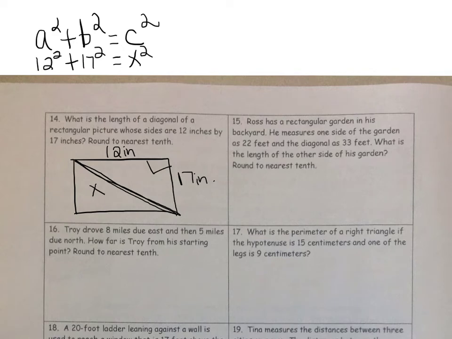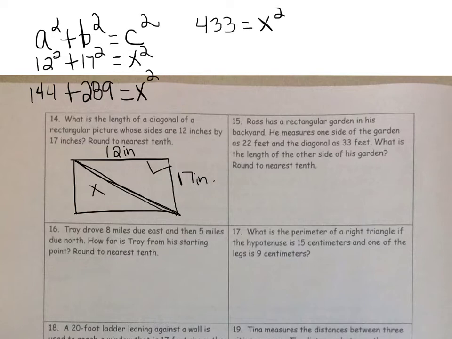Use your calculator to find 12 squared, 17 squared, equals x squared. Now you're going to add 144 and 289 to get 433 equals x squared. Now, this is the mistake that a lot of us are making.